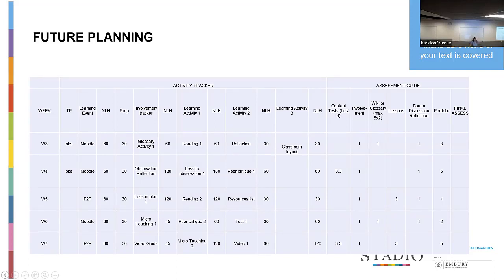Your lesson observation has been completed. You are now in week 5 and you have to start doing your lesson plan 1. You have readings to do based on your textbook and a resource list that will assist you in your lesson plan.